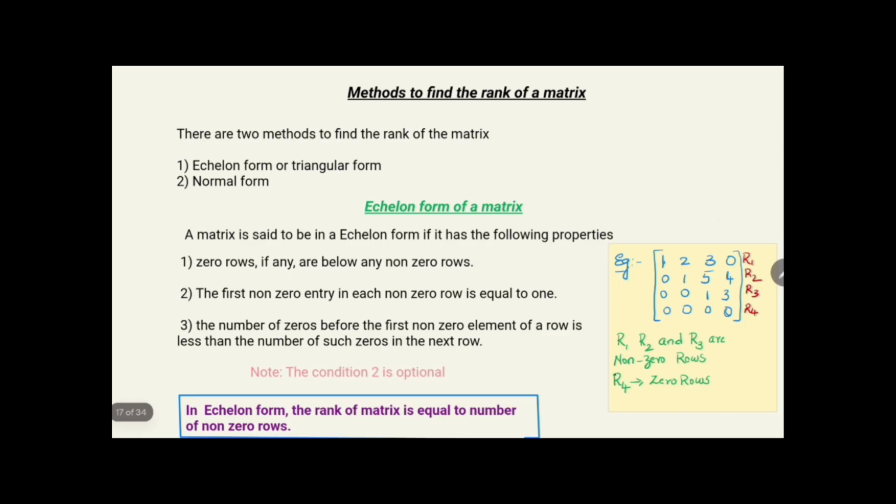What are the non-zero rows? R1, R2 and R3 are the non-zero rows and each first entry should be 1. Okay. So here it is 1. If you can see, here it is 1 for row R1 and here it is 1 for R2 and here it is 1 for R3. Clear? The first non-zero entry in each non-zero row is equal to 1.